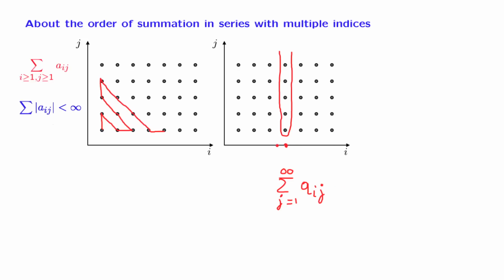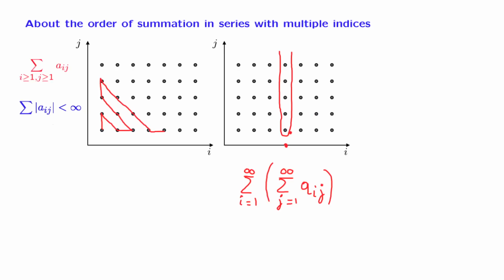We do this for every possible i. So for every possible i, we're going to get a particular number. And then we take the numbers that we obtain for the different choices of i, so i ranges from 1 to infinity, and we add all those terms together. So this is one particular order, one particular way of doing the infinite summation.